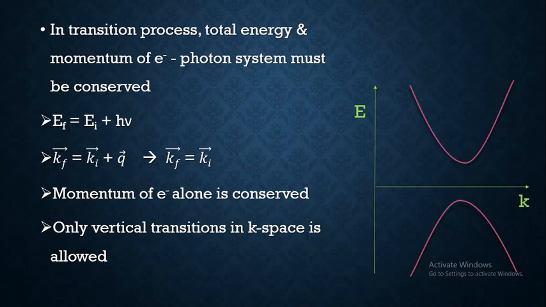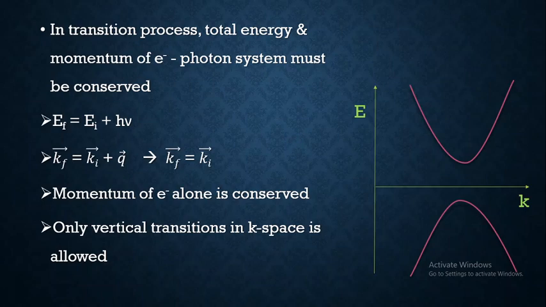So along the y-axis the transition may be equal to Eg, greater than Eg, or very much greater than Eg. It is immaterial. But when you compare the x-axis, which is the wave vector that gives us the momentum, we have Kf equal to Ki.